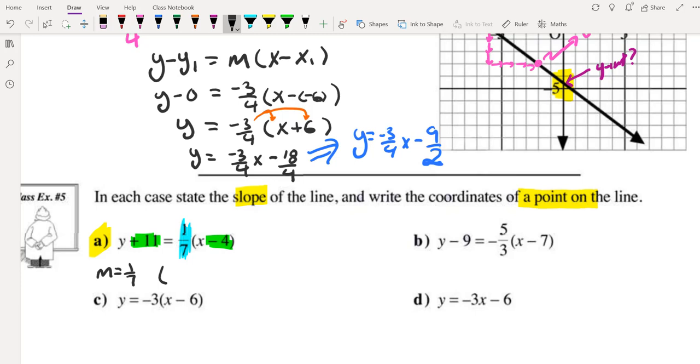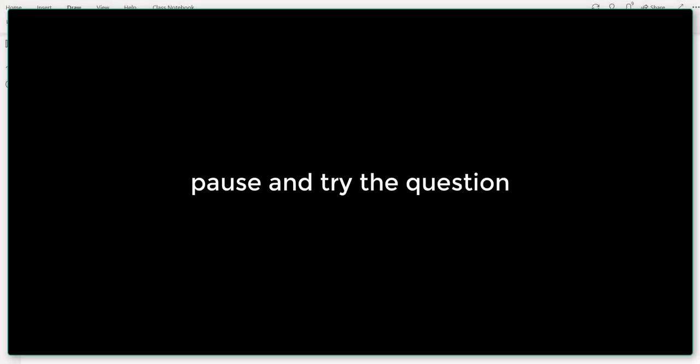It's actually going to be 4 and -11 because of these negatives here. All right. So that's a slope, and that's a point. Look at B, C, and D. Pause the video and see if you can find the slope and a point on the line.